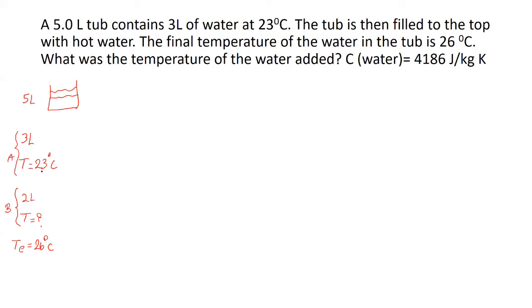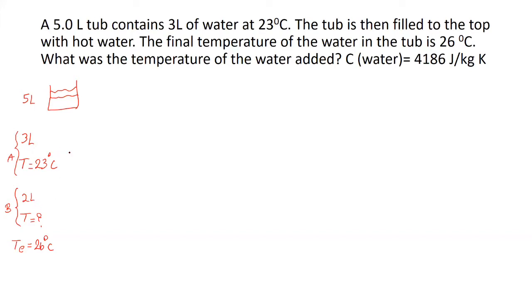But the amount of energy that cold water gains is equal to the amount of energy that hot water loses. So the magnitude of energy gain is equal to the magnitude of energy lost by hot water, but definitely one is positive and this one is negative.